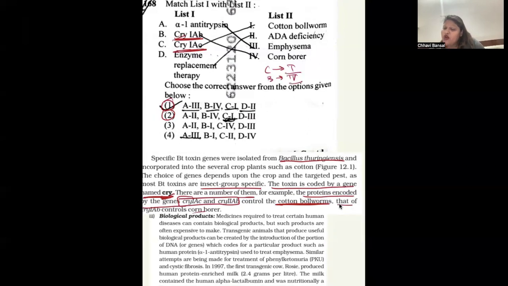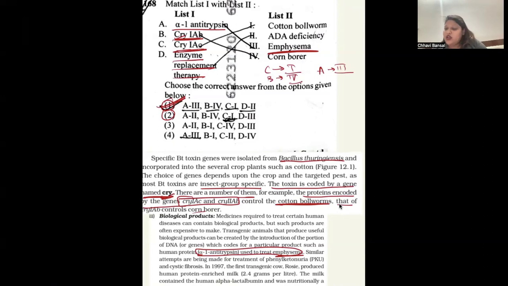Now, alpha-1 antitrypsin is used in the treatment of emphysema, meaning for A, option 3 is correct. It means option 1 is the correct answer for this question. You do not have to even look at the fourth option. If you know all these 3 options, you can easily do the question.